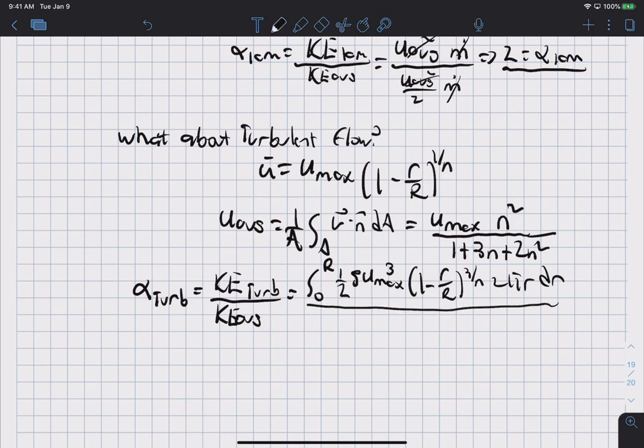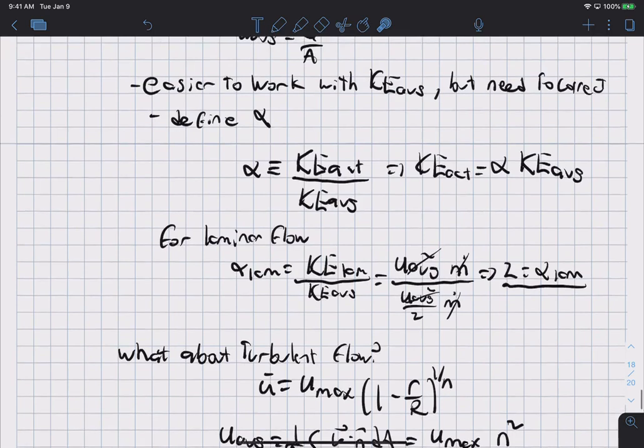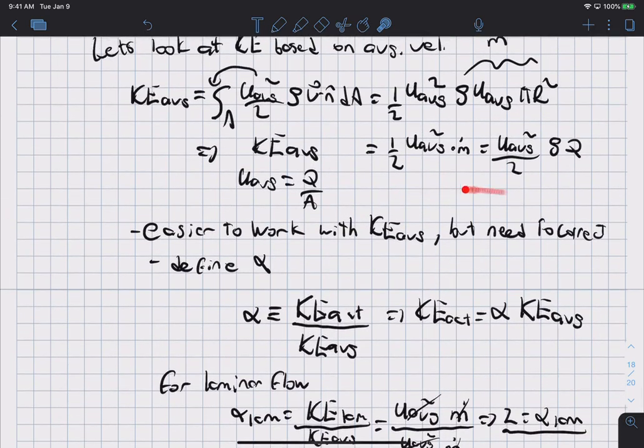And I'm going to divide that by the kinetic energy based on the averaged velocity, that's the integral from 0 to R of 1/2 rho times U averaged cubed, sorry, times 2 pi r dr. Again, this is just a calculus 2 exercise at this point, mainly for this top integral and this bottom integral, which we actually already did, and that integral is right here.